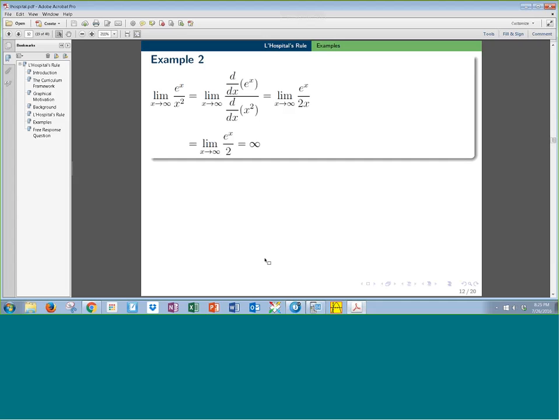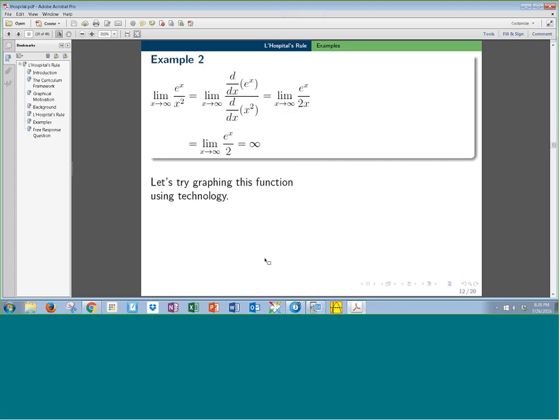That's symbolism that we all agree on as mathematicians. We all agree that it describes the behavior of that limit. That means that the original limit is increasing without bound. It's not approaching any one specific number. So that's common notation that we as mathematicians agree on.